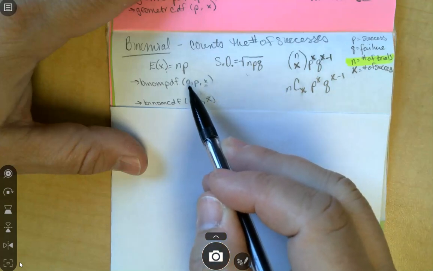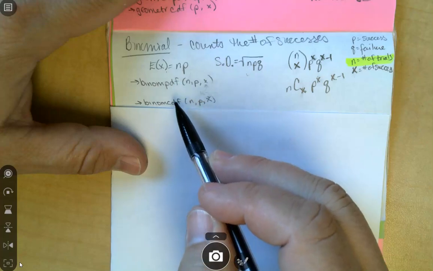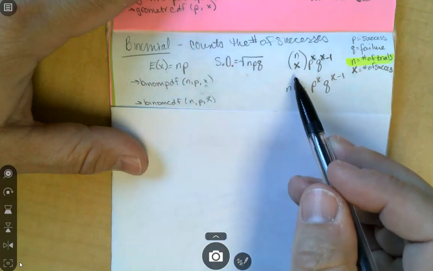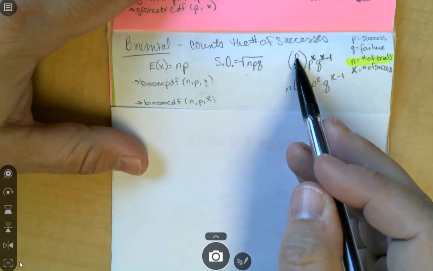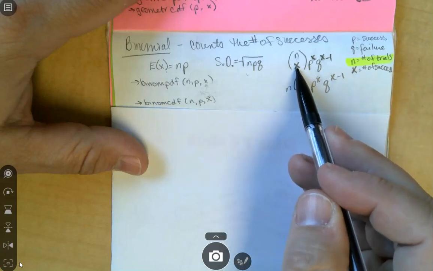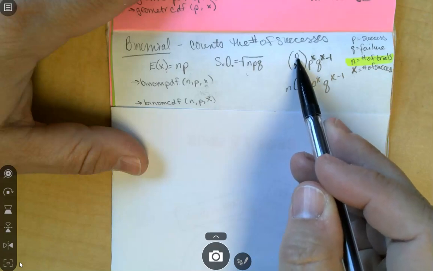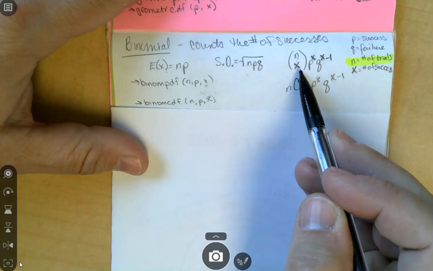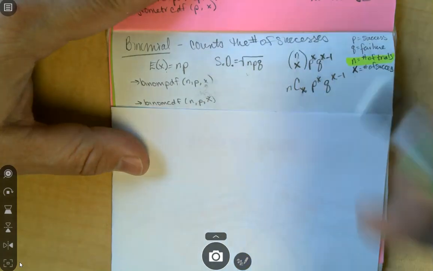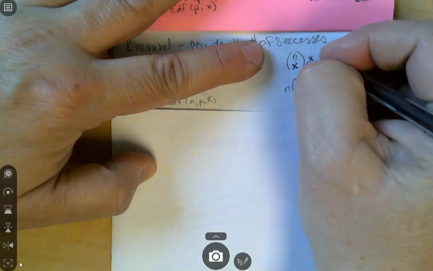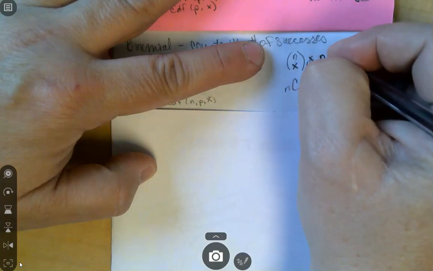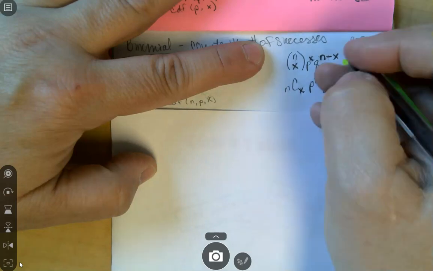We had been using the binomial PDF and CDF, but you might also see this notation, and this is just saying N choose 5, N choose however many. So N is how many trials, 5 is how many you have, and this should actually be not X minus 1, but N minus X. I got those wrong.